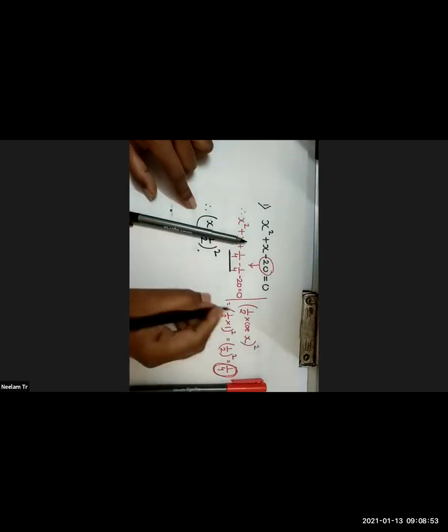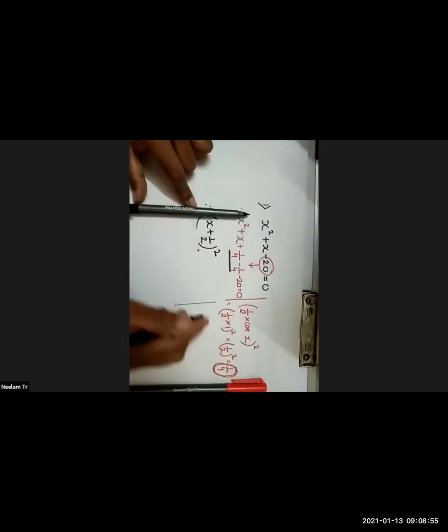Let's solve here. What I told you, you are going to remember the formula: a square plus 2ab plus b the whole square.